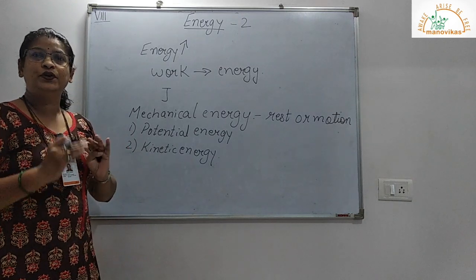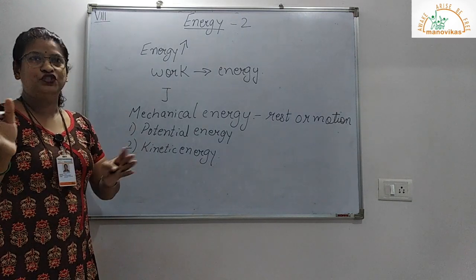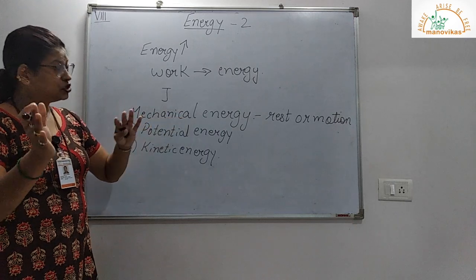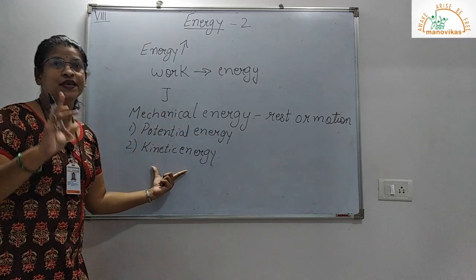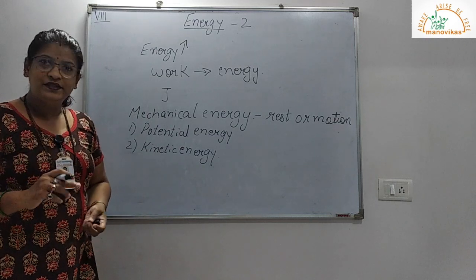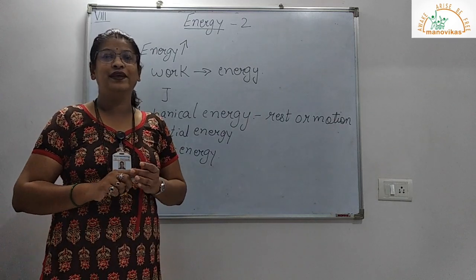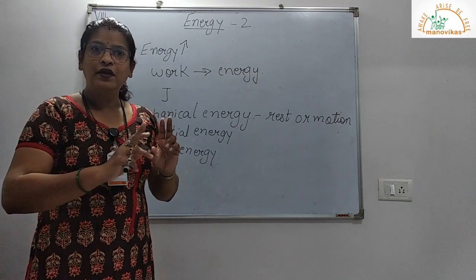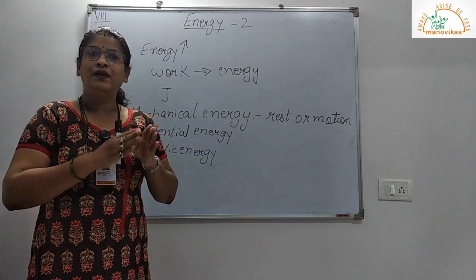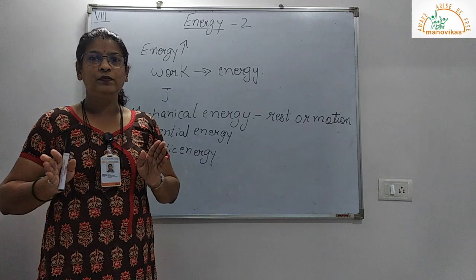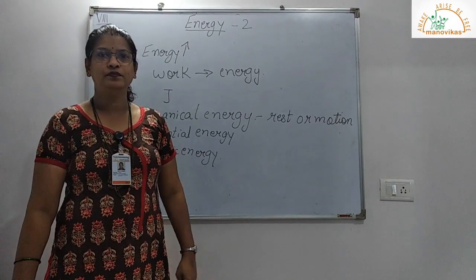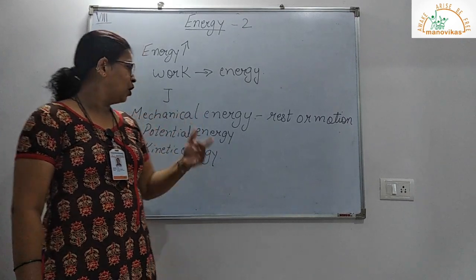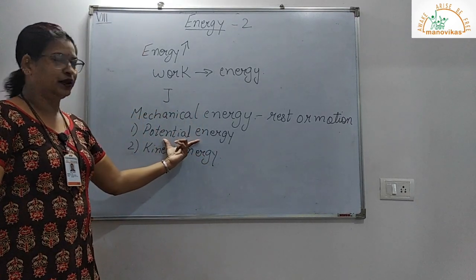A body is said to possess mechanical energy, which is the sum total of both the energies, potential energy as well as kinetic energy. The examples of mechanical energy are a car in motion, a swinging pendulum and the moving arms of a clock.